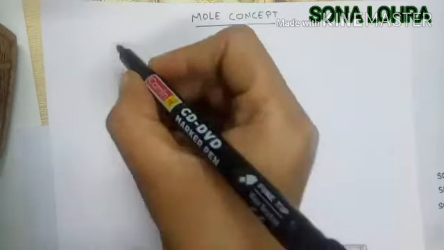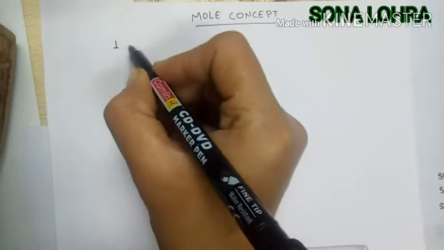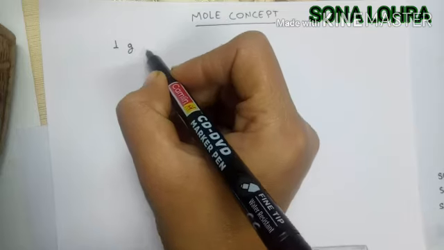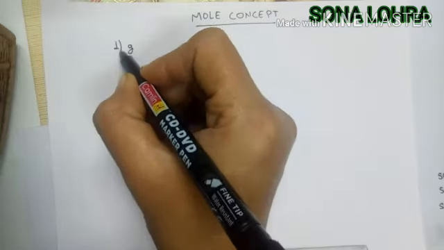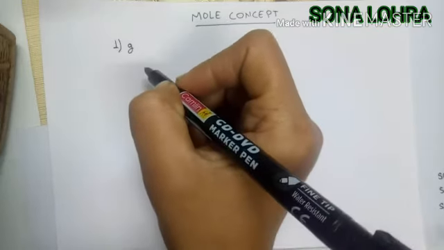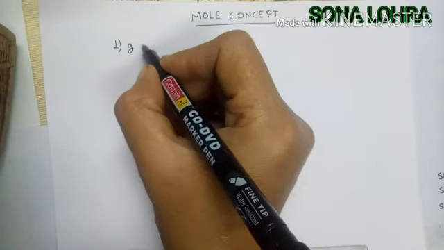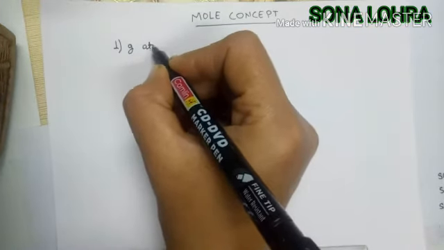Mole. Mole is a measuring quantity for an element. We can say that the gram atomic mass of an atom is equal to 1 mole of it. What does it mean?